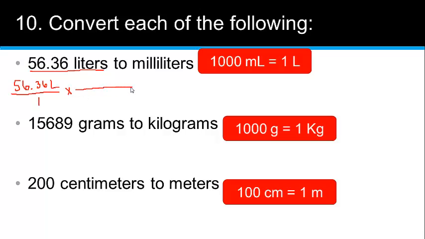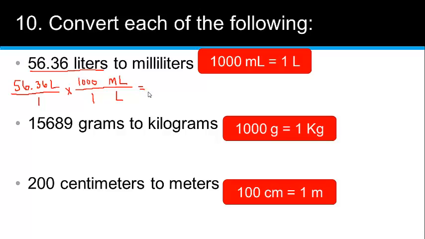Now this next line is for my conversion factor. I'm trying to get rid of liters, which means that liters needs to be on bottom, because if I divide liters by liters, it cancels out to 1. I want to get milliliters, so that needs to go on top. So when I look at my conversion factor, I see that 1 liter is 1,000 milliliters.